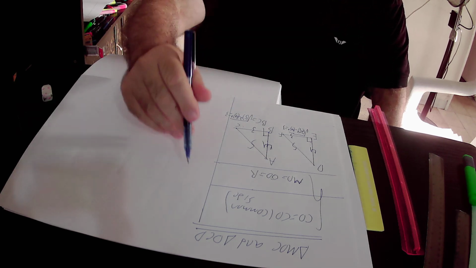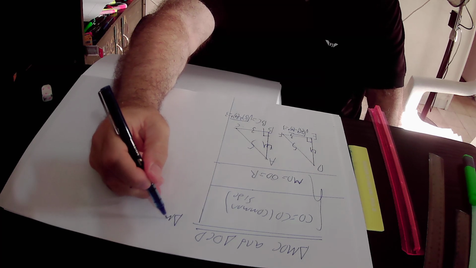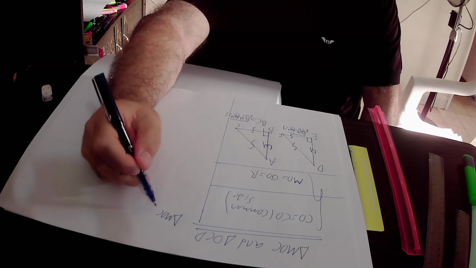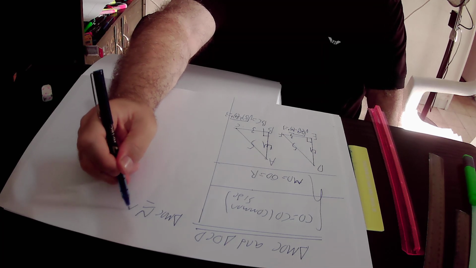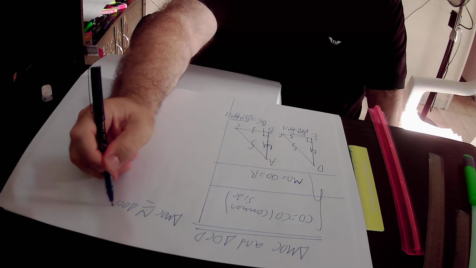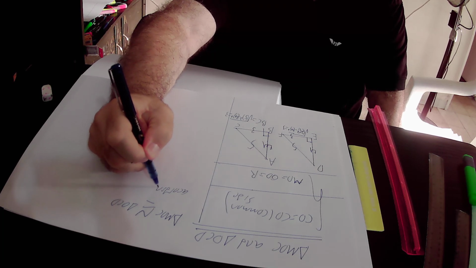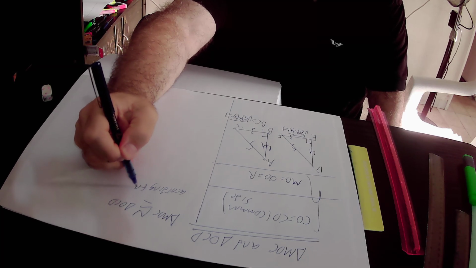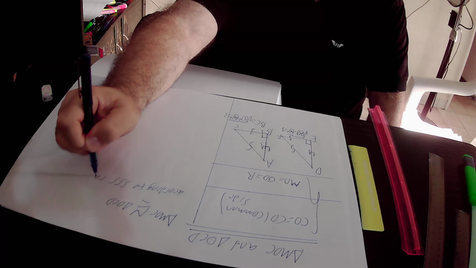Okay, so I write it down. We found out that triangle MOC can go into triangle OCD according to the side rule. Why?